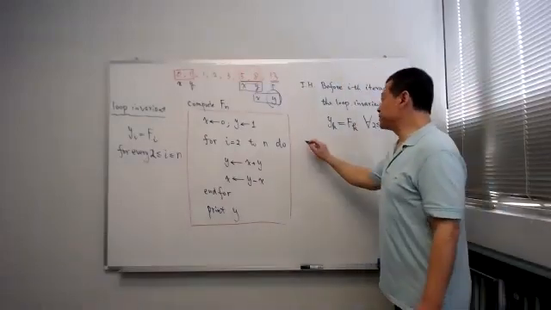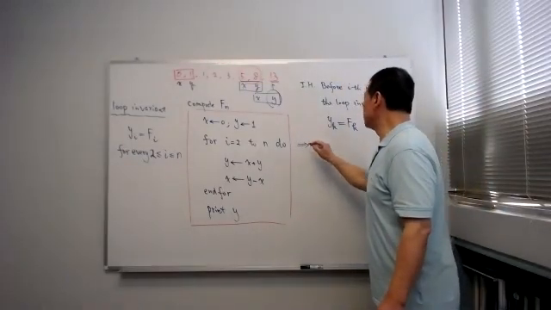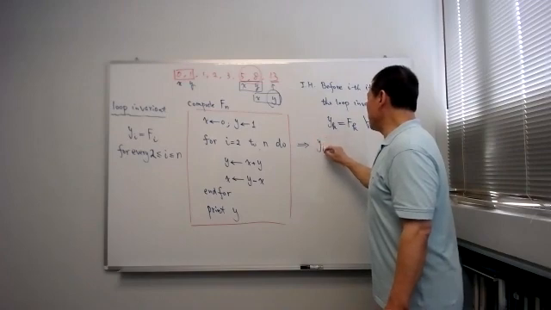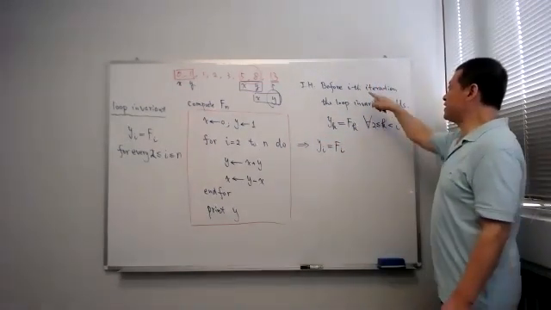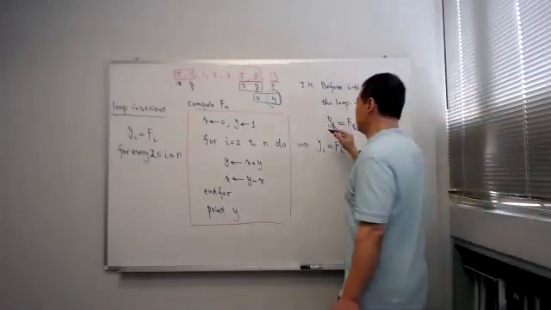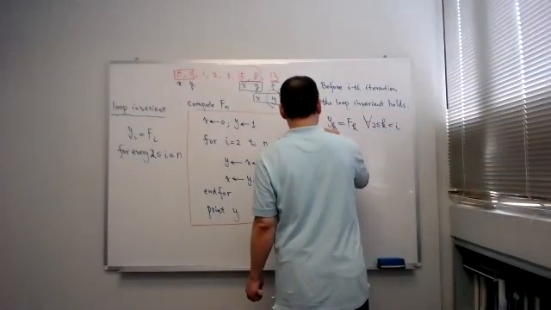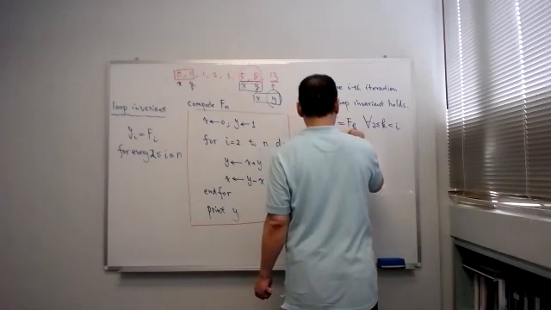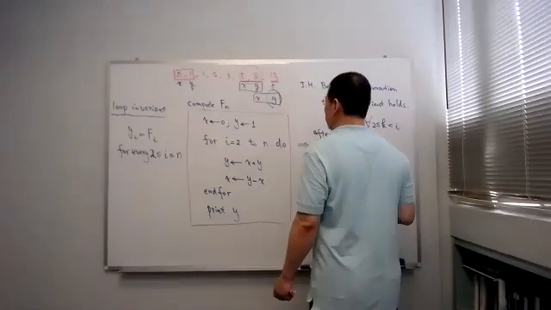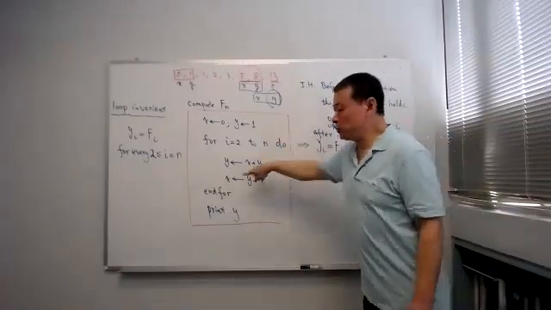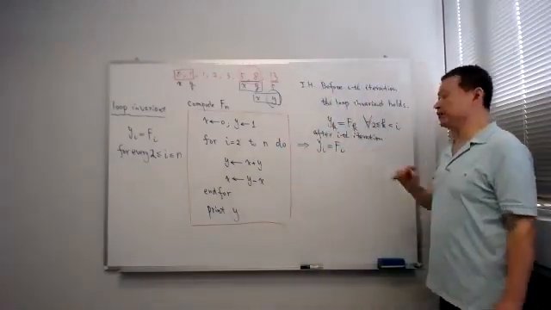Now our purpose is to prove that yi also equals fi, so that's after the ith iteration. So we exit the loop one more time. We want to prove this one holds.